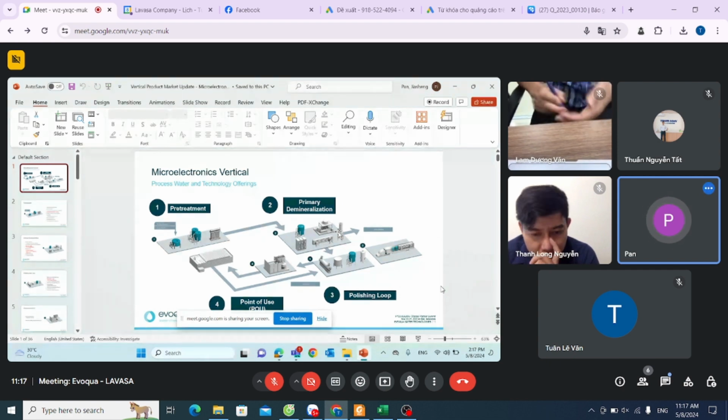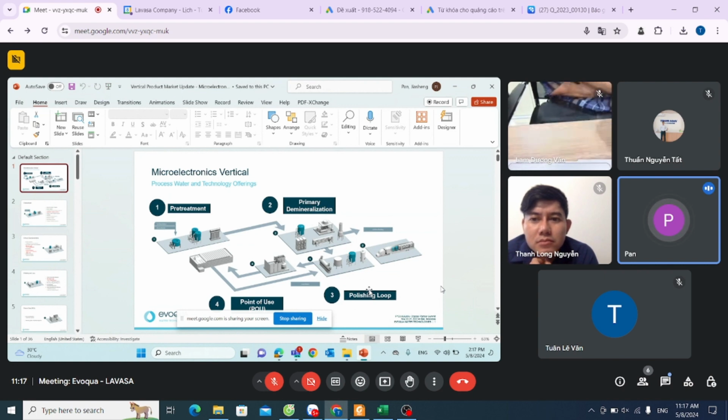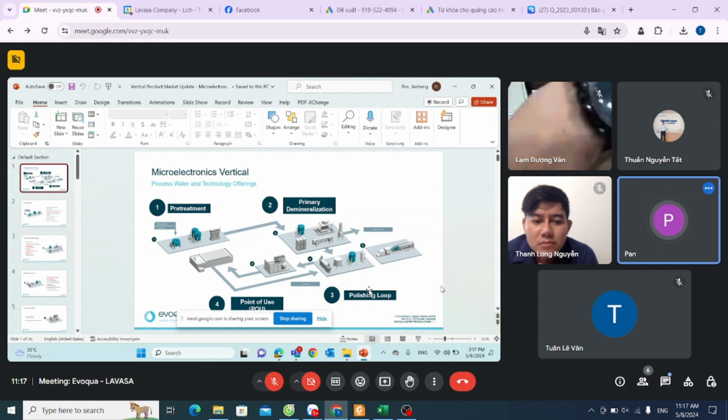After the tank, the water quality is already very good, and they store it under nitrogen to keep the water quality really, really good. Afterwards it goes into the polishing loop, where most of them use non-regen resins, like DuPont's 60-40, and right now a 60-60. Then it goes to the point of use.